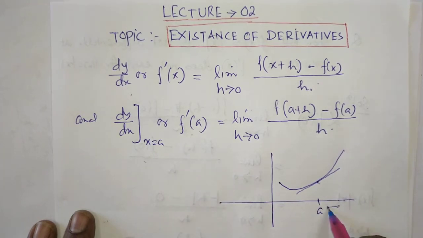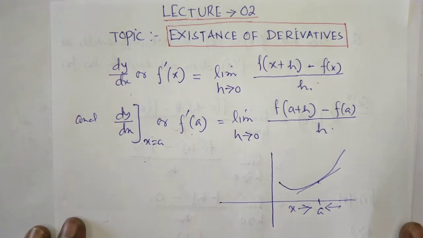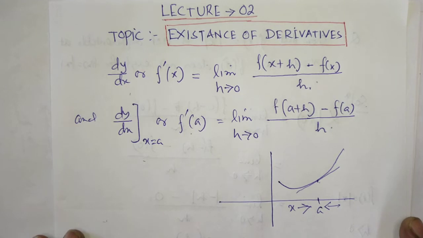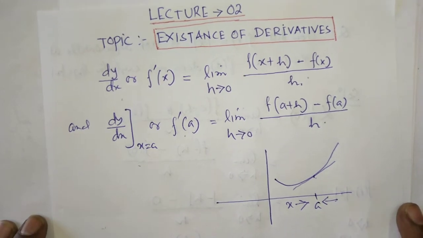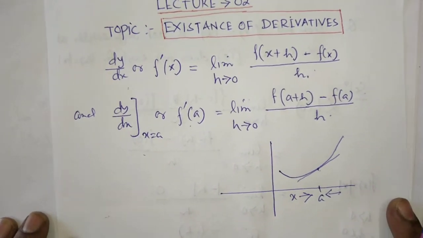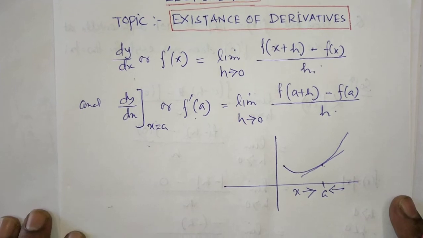Okay, x can approach a from the right, or x can approach a from the left. When x approaches a from the left, we get a left hand derivative, and when x approaches a from the right, we get a right hand derivative. So before going to the existence of the derivative, let us know what the left hand derivative and the right hand derivative are. Okay.